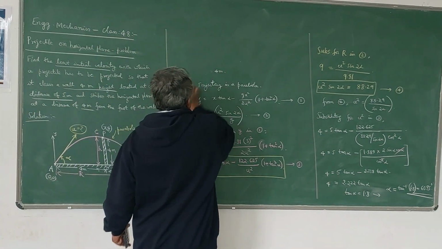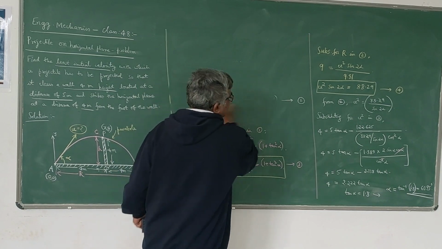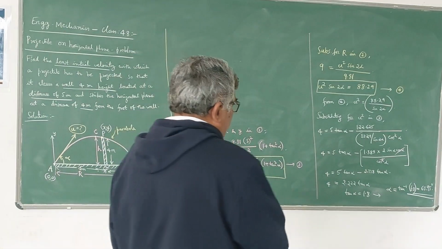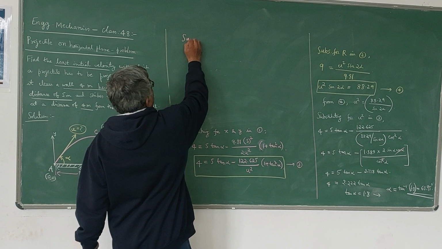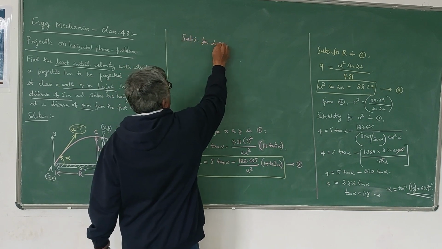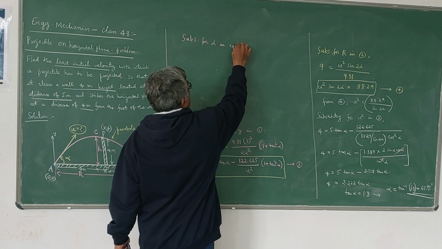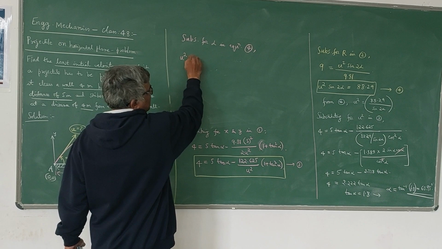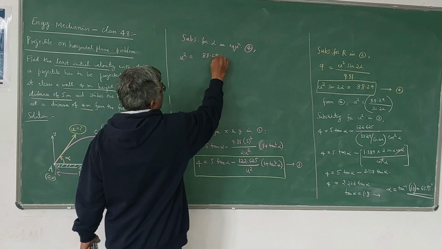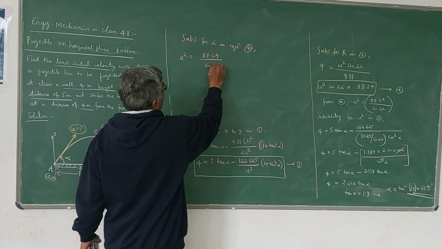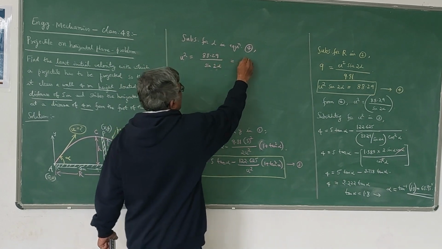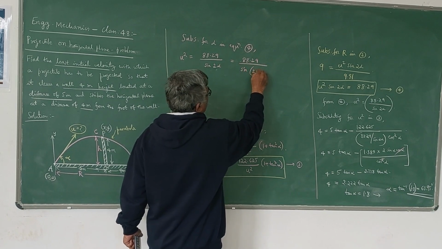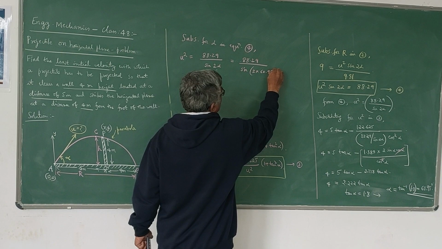So substituting for alpha in equation 4, u square will be equal to 88.29 divided by sin 2 alpha, or 88.29 divided by sin of 2 into 60.95 degrees.